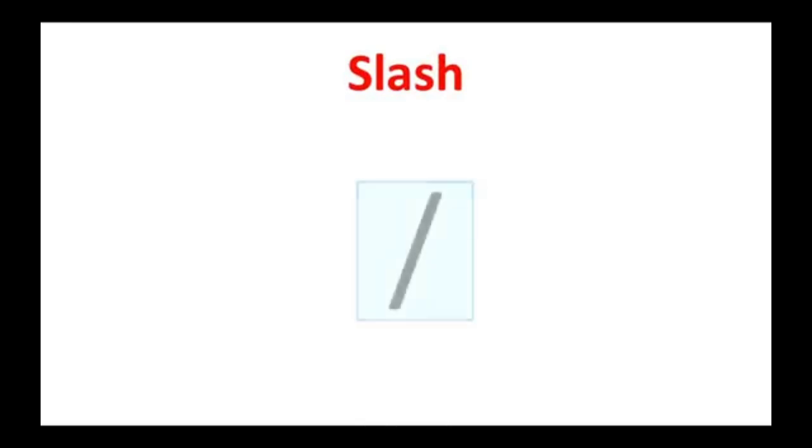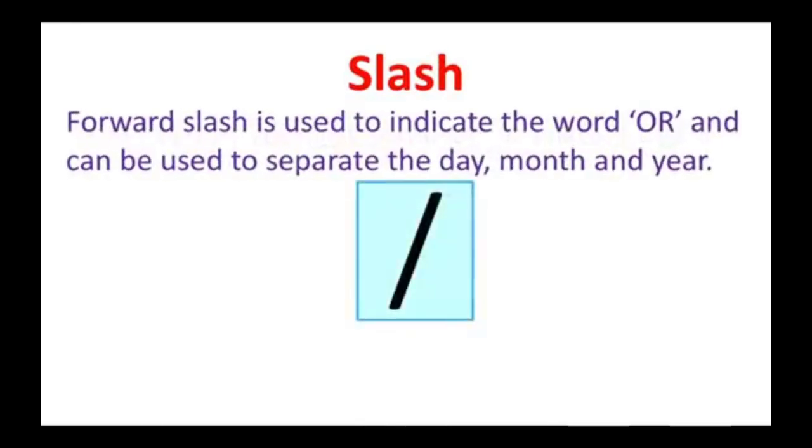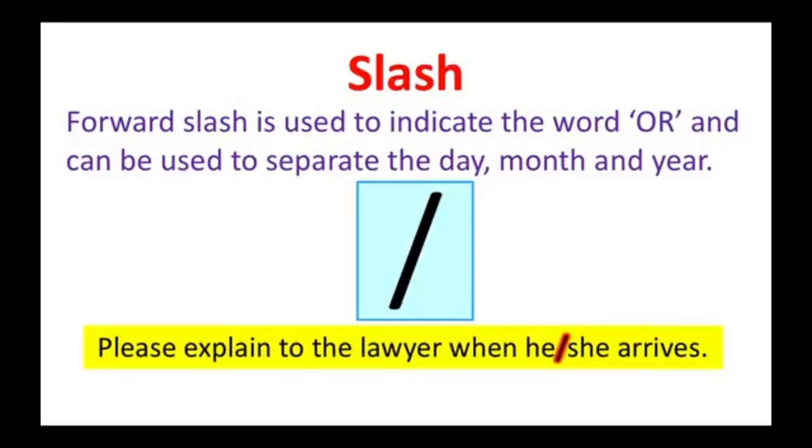Slash. A forward slash is used to indicate the word or and can be used to separate the day, month, and year. For example, please explain to the lawyer and/or she arrives.